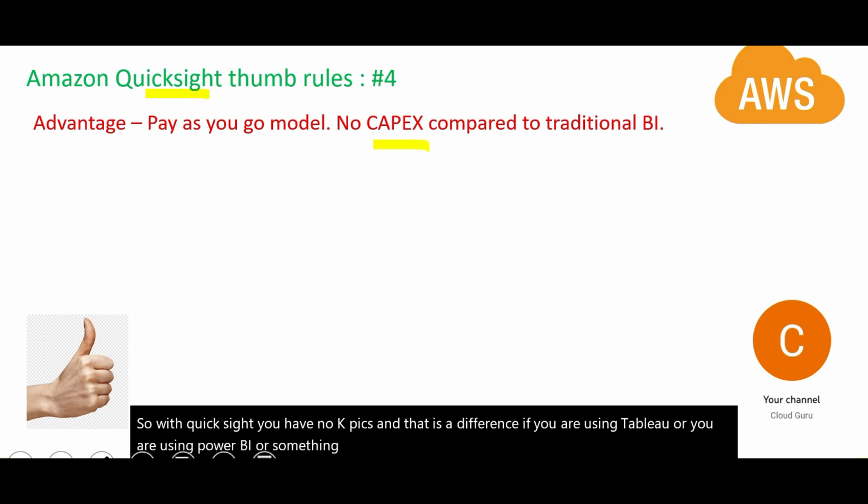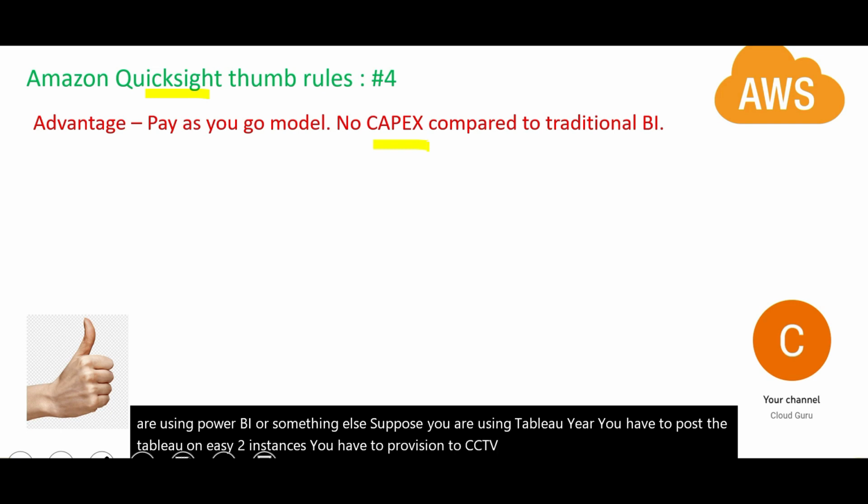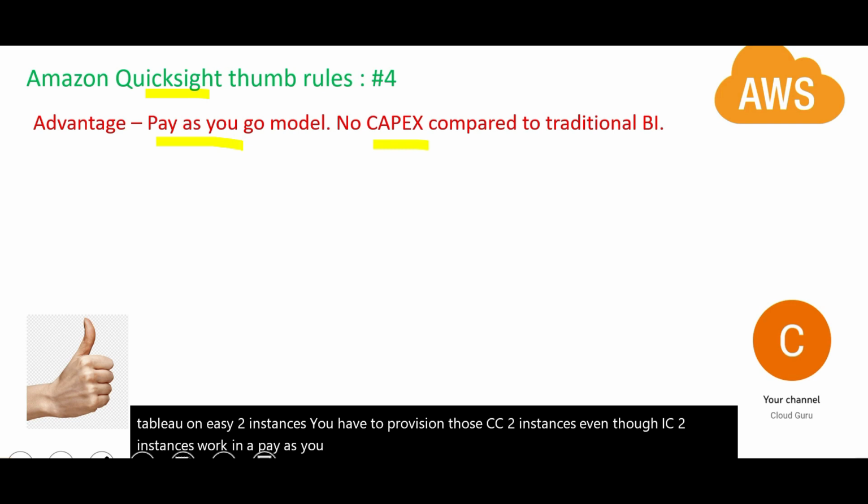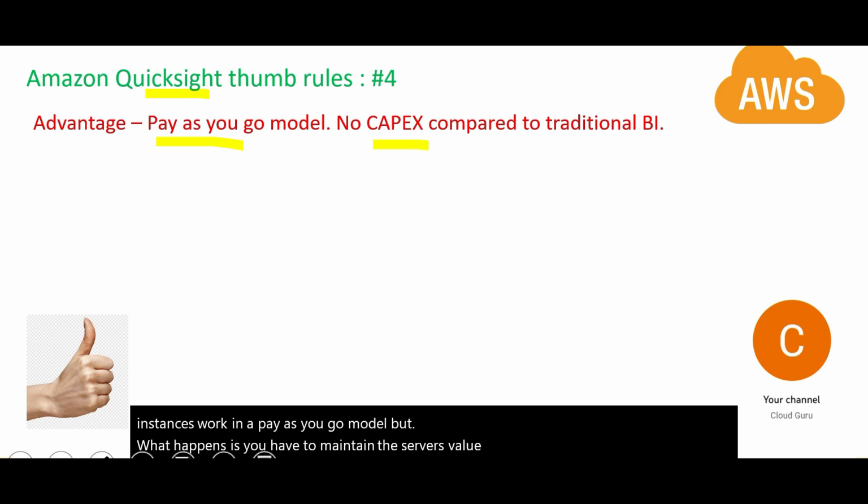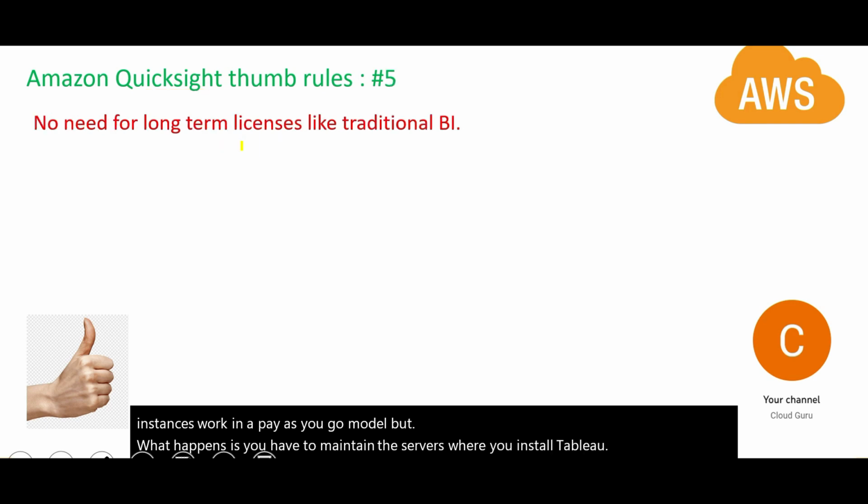Suppose you're using Tableau here, you will have to host Tableau on EC2 instances. You will have to provision those EC2 instances. Even though EC2 instances work in a pay-as-you-go model, you have to maintain the servers where you install Tableau. QuickSight eliminates that need.